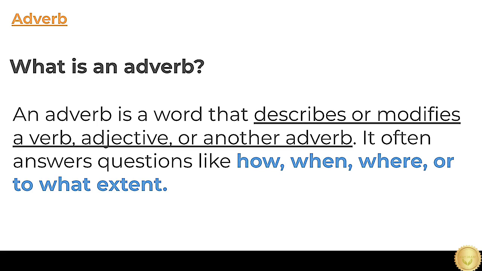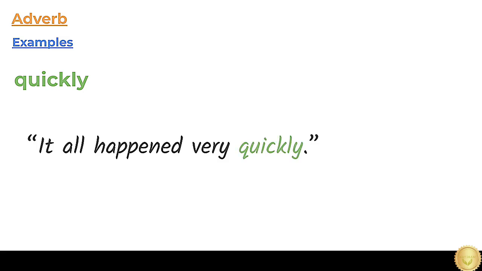This is how we modify the other parts of the language, not just nouns. So let's see this in action then. We have quickly. It all happened very quickly. So we're describing here how it happened, the speed at which something happened.